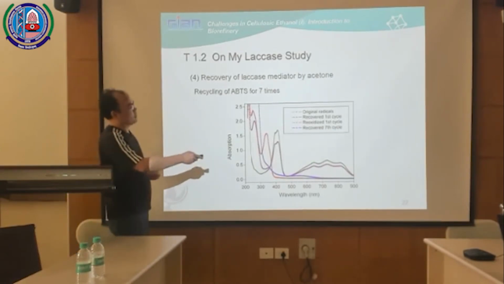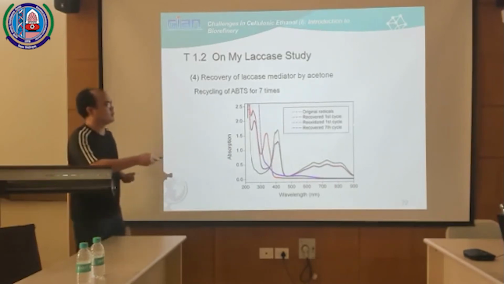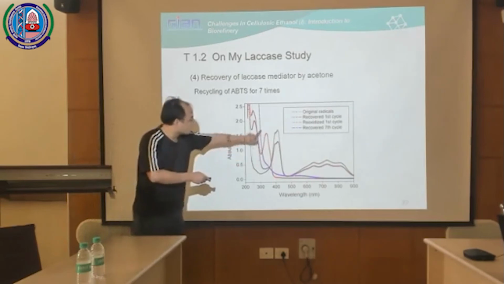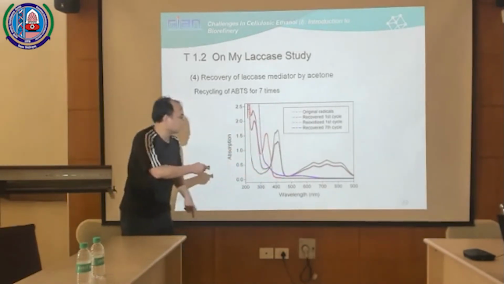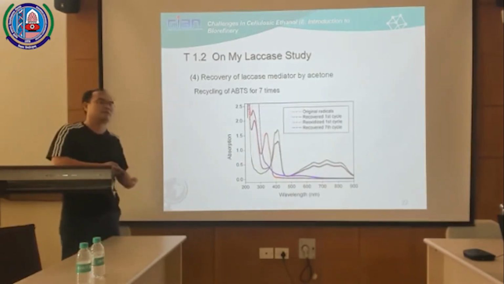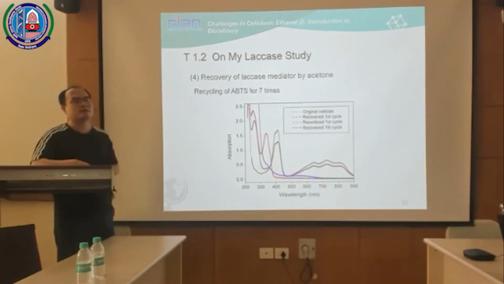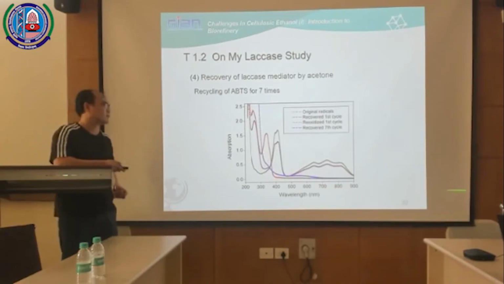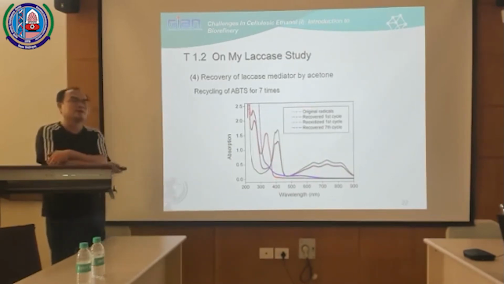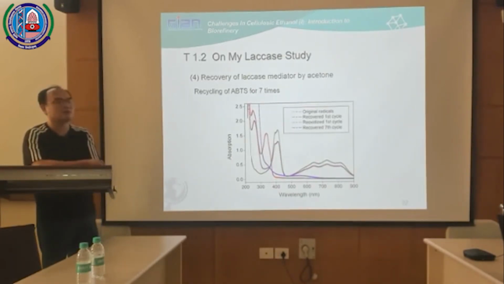And if we recover it for the seventh time, we got very few ABTS radicals. So the ABTS radicals reacted with acetone, but finally it is converted into another structure. How can we explain these results?